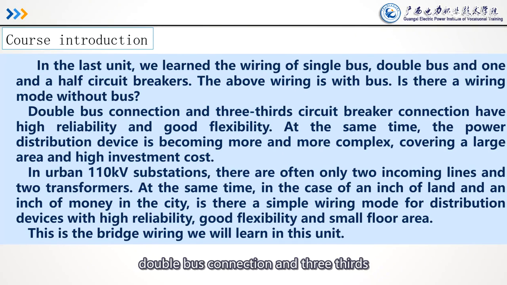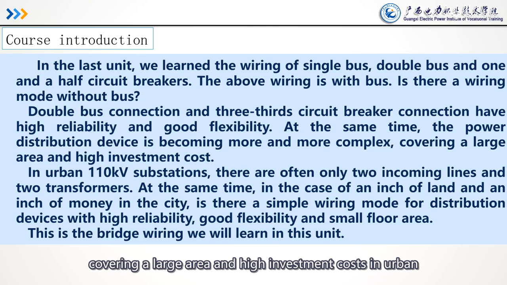Double bus connection and 3/2 circuit breaker connection have high reliability and good flexibility. At the same time, the power distribution device is becoming more and more complex, covering a large area with high investment costs.